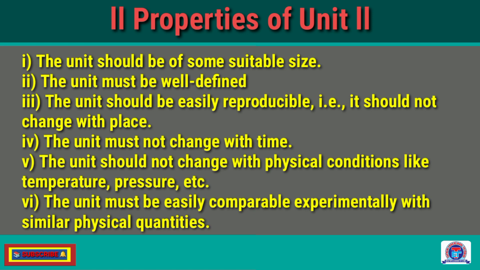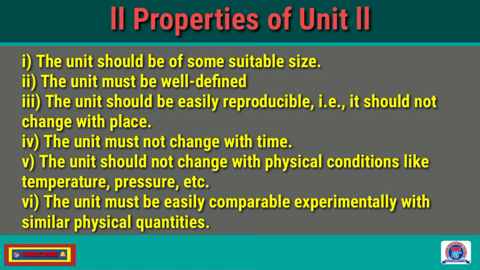Dear student, now I will discuss the properties of a unit. Number one, the unit should be of some suitable size. Number two, the unit must be well defined. Number three, the unit should be easily reproducible, that is, it should not change with place. Number four, the unit must not change with time.